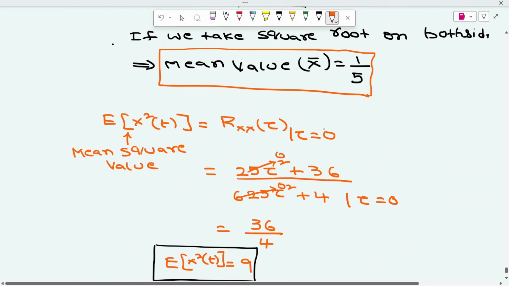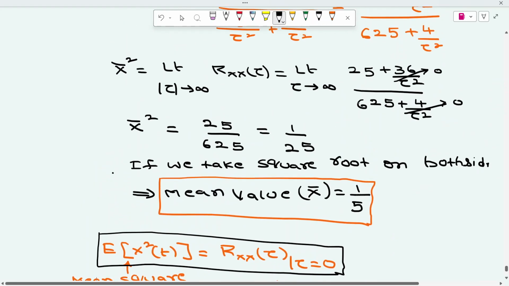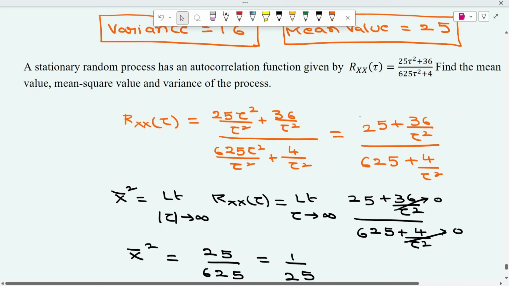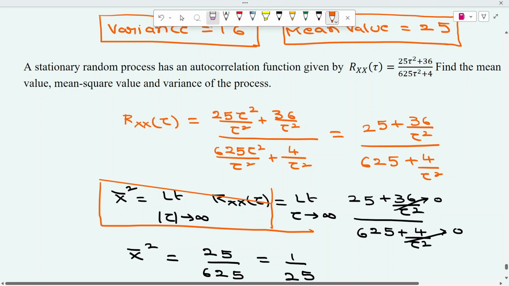And from the autocorrelation function, we can find the mean square value by simply substituting tau equal to 0, and the mean value square we can find by simply substituting tau equal to infinity in the autocorrelation function.